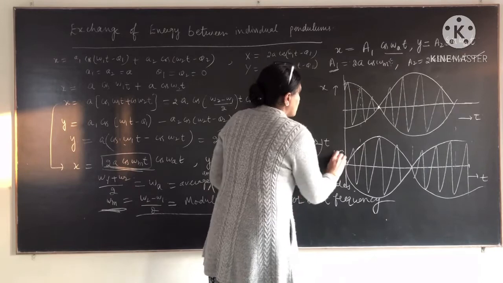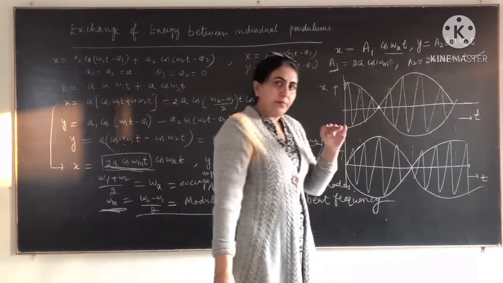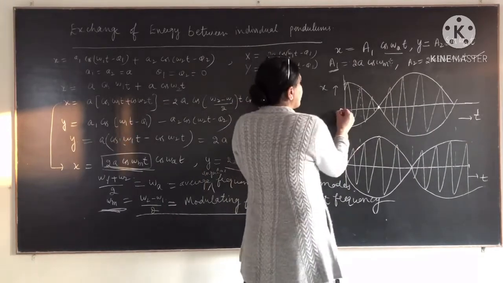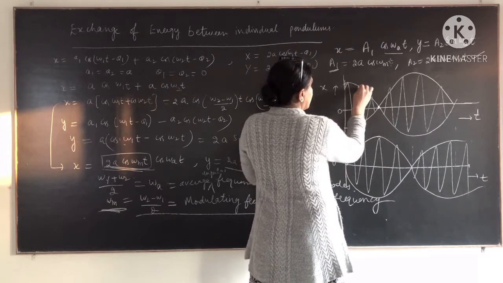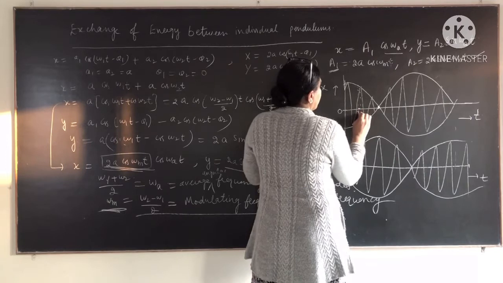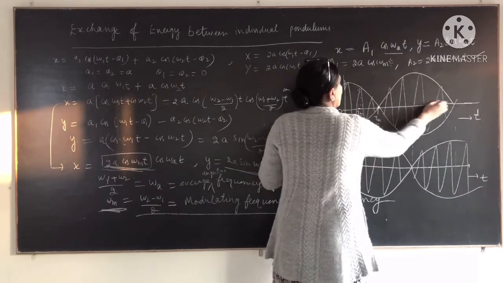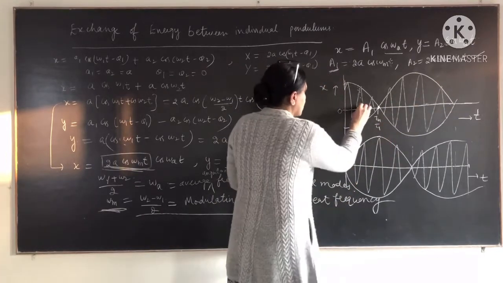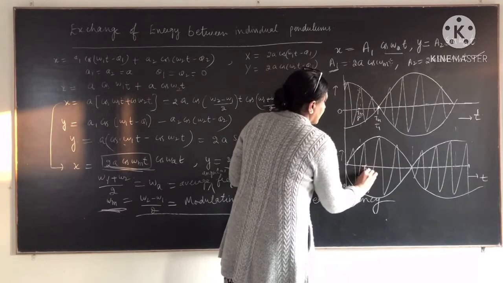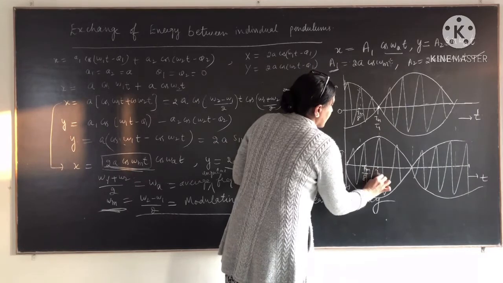This is y. So this is a graph between x and t, and we divide the time into intervals of Tm by 8. If this is 0, here is Tm by 8, and here is Tm by 4 and so on. Clear? Same is the situation here. Here is Tm by 8 and here is maximum, this is Tm by 4, so on.